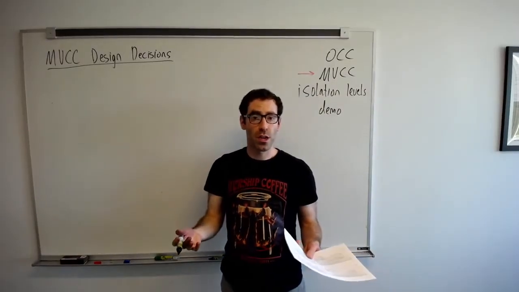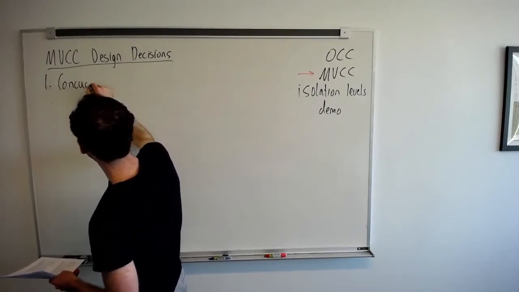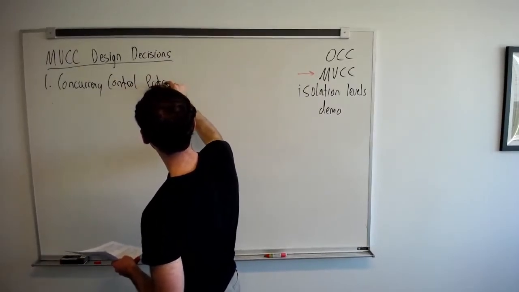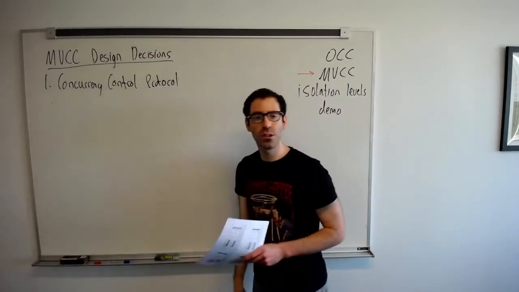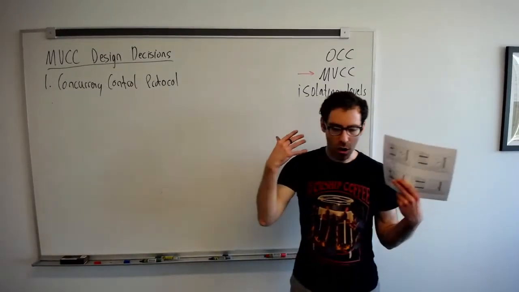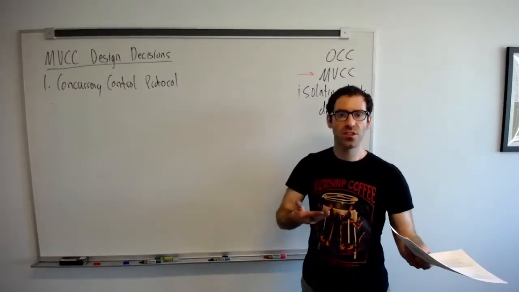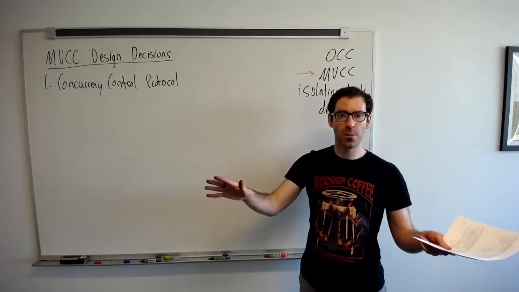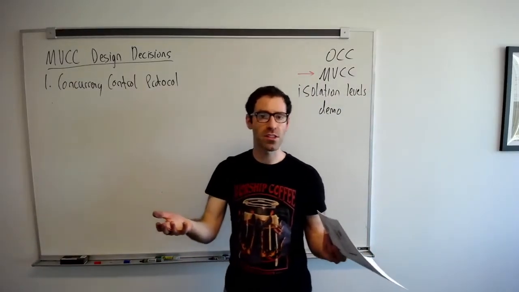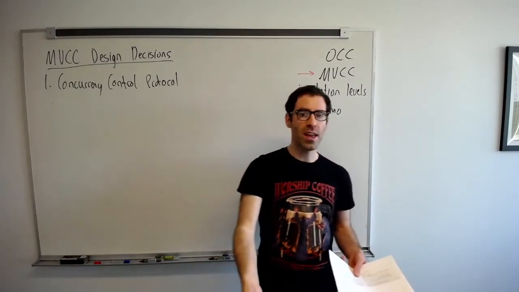So as I've already alluded to, the first of our design decisions would be a concurrency control protocol. Multi-version allows writes and reads not to interfere with each other by maintaining these separate versions, but with simultaneous writes, we still need some way of deciding which write actually happens first or which transaction gets aborted.